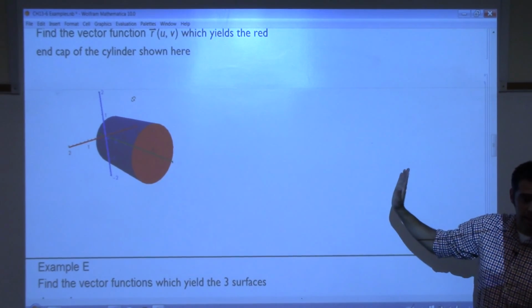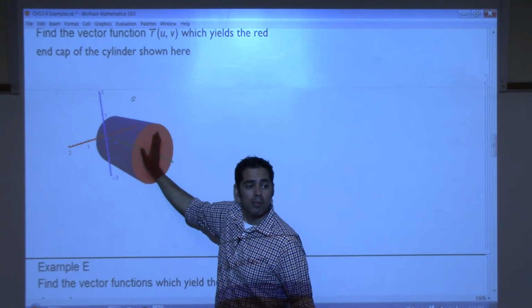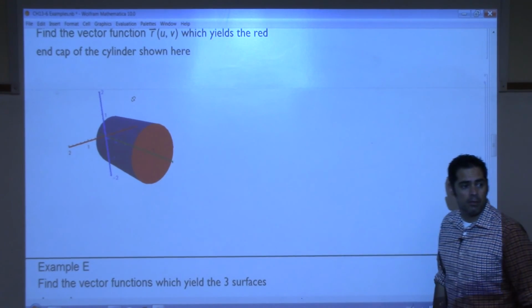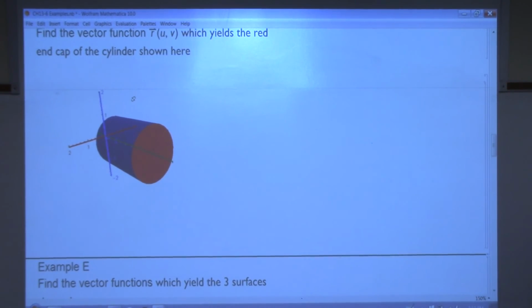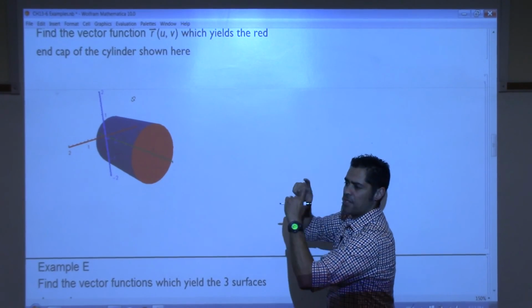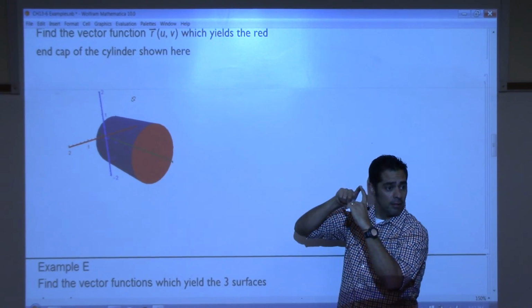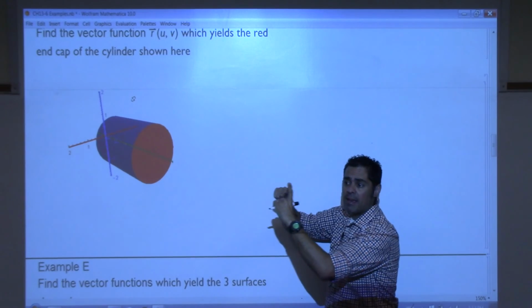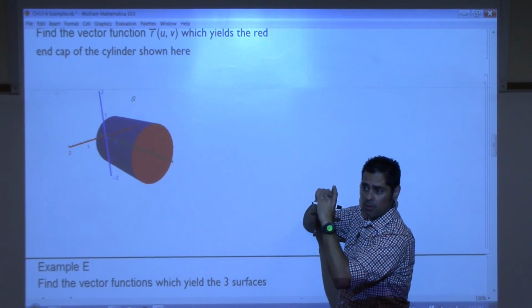Not the back, just the front. I just want this front piece. Yeah, see, look, when we drew the cylinder, it was the same circle the whole time, right? And it just moved back and forth between 1 and 4.